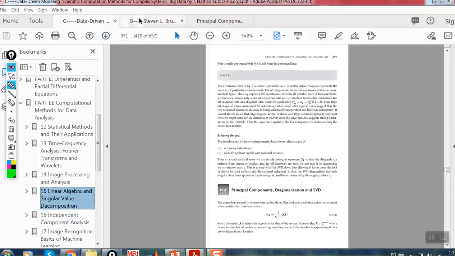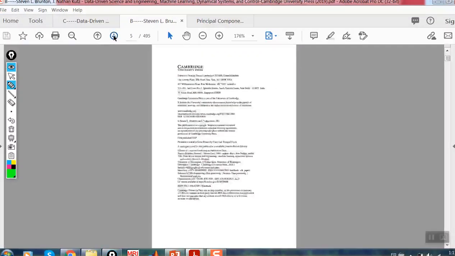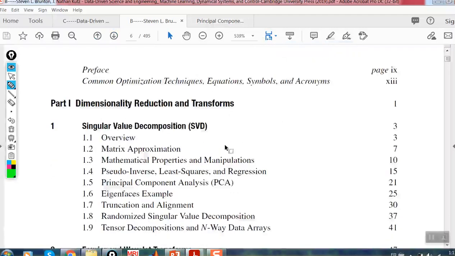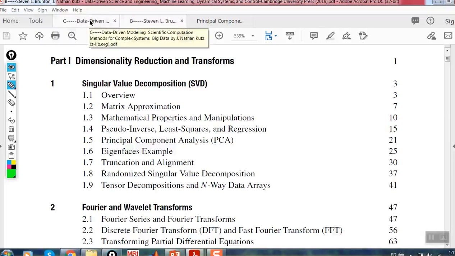Also, another better reference for these topics is reference P, and the first chapter of this reference is related to singular value decomposition and PCA. This reference is better and more applicable compared to reference C.